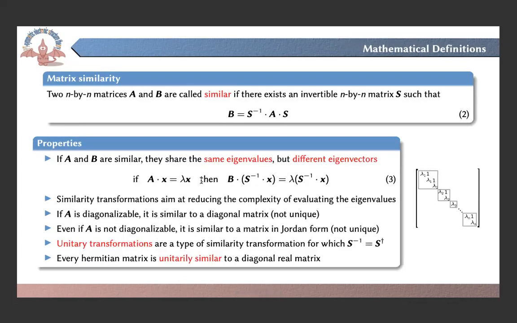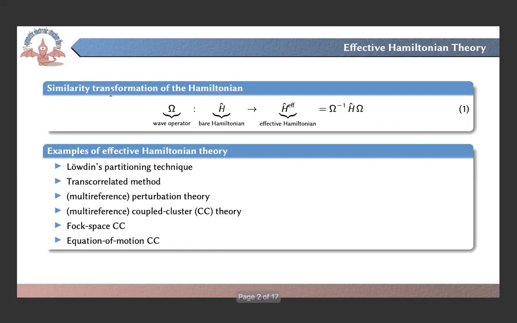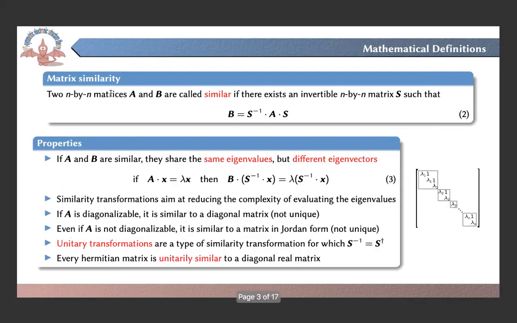Before talking about the SRG technique, I wanted to define things properly in terms of mathematics, to give you the properties of the similarity transform that we do. Here it's a similarity transform of the Hamiltonian.